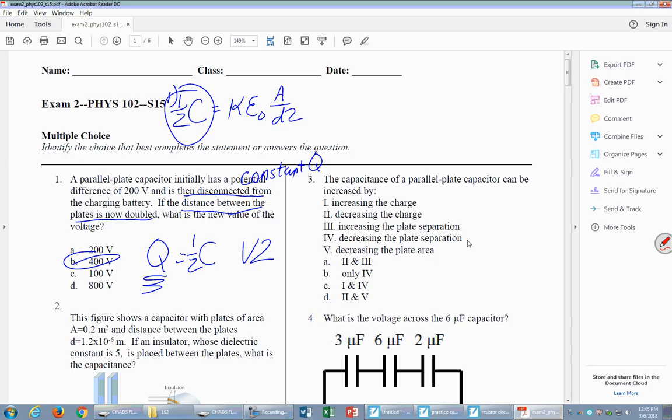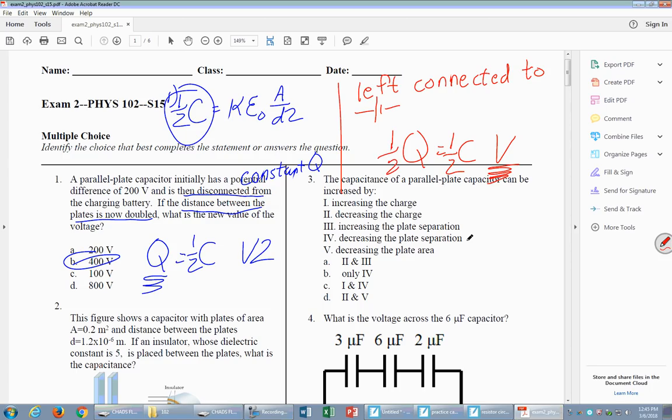Now, if I left it connected to the battery, you would have a different situation, because the charge can change but the voltage remains constant. Q equals CV, my capacitance decreases by a factor of a half, my voltage remains constant, so my charge would decrease by a factor of a half.